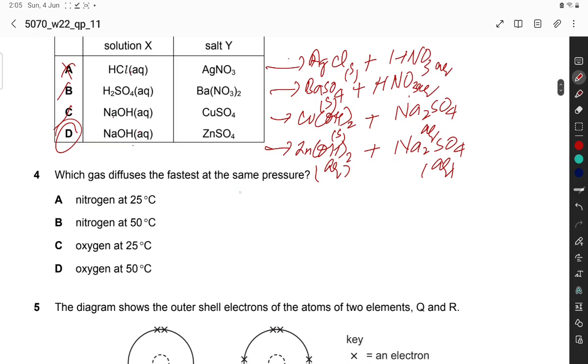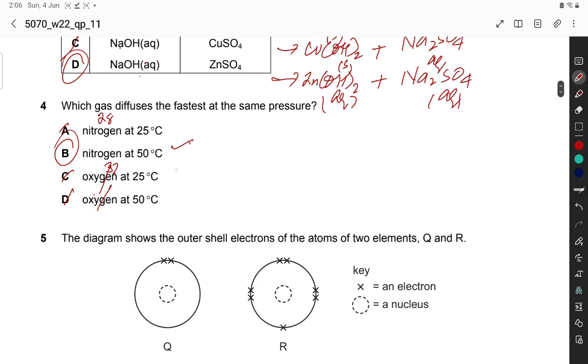Which gas diffuses the fastest at the same pressure? Nitrogen at 25 degrees centigrade, nitrogen at 50 degrees centigrade. Nitrogen's mass is 28 and the temperature is higher here, so this option is correct. Oxygen at 25, Mr of oxygen is 32, so this option is not correct.